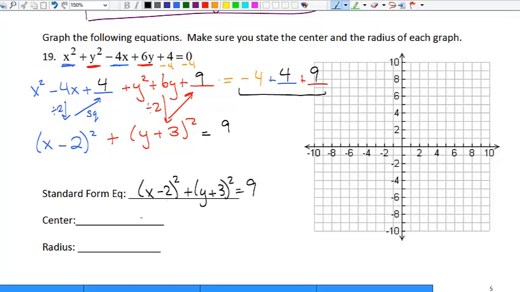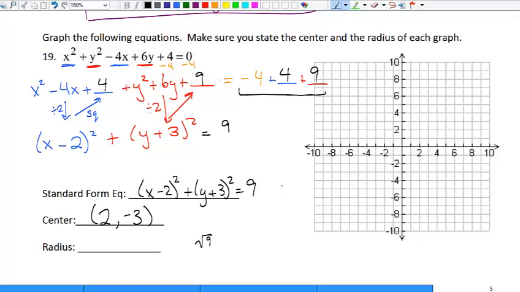Now, to get the center off that standard form, I need to get the (h, k). Because there's a minus in the formula, I'm taking the opposite signs, which is a theme throughout all of college algebra. Anytime you have an x and a number next to each other and you're pulling off the number, it's the opposite sign. So y plus 3, I take the opposite sign, which is -3. For the radius, I'm going to take the square root of 9 because on the right-hand side is r squared.